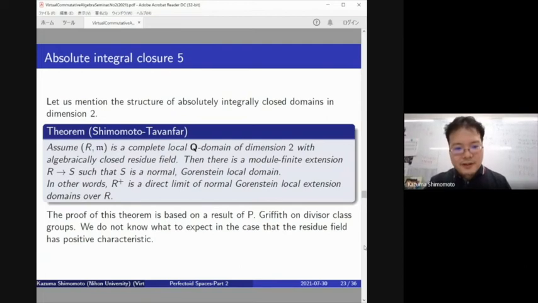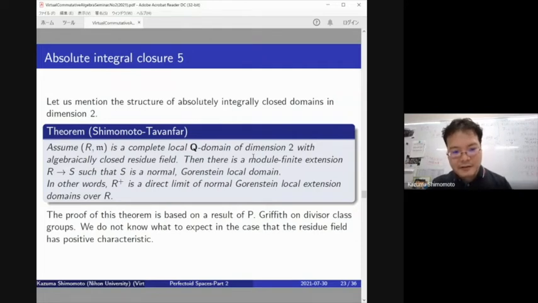So here is another somehow interesting result, R plus in dimension 2. This is one of the main results obtained in joint work with Taban Far. Let's assume that R is a complete local Q-domain of dimension 2 with algebraically closed residue field.